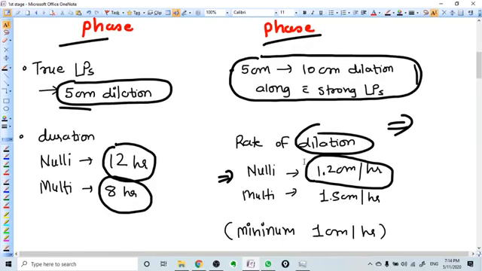In a nulliparous woman, the average latent phase is 12 hours, but it can go up to 20 hours. Prolongation of the latent phase in a nulliparous woman means the latent phase is more than 20 hours. The value for a multiparous woman is 8 hours.